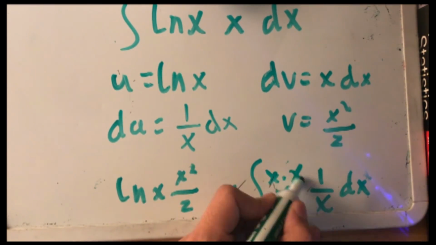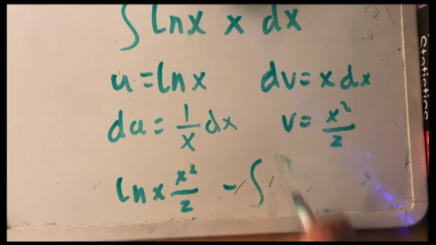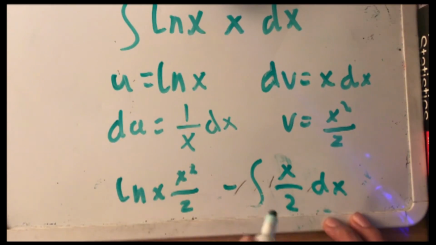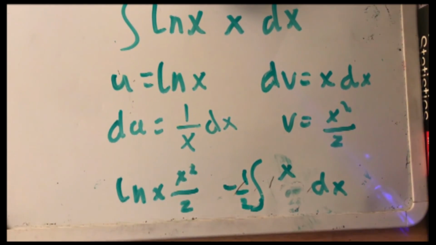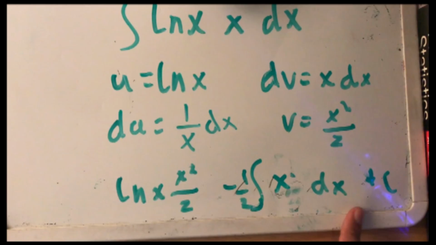So you have an x on the top and an x on the bottom. These cancel out, and so you find that you have x over 2 dx. Then you can take the integral of this easily. If I take this 1/2 and move it to the outside, that's just 1/2 the integral of x dx. So that's how you would do this problem, plus c if you don't have a definite integral.